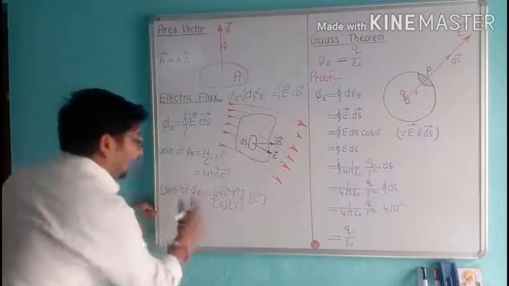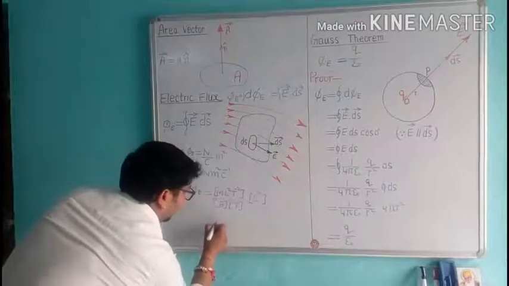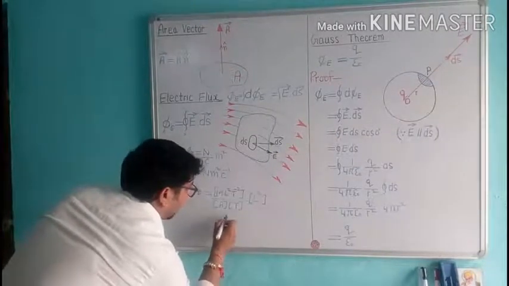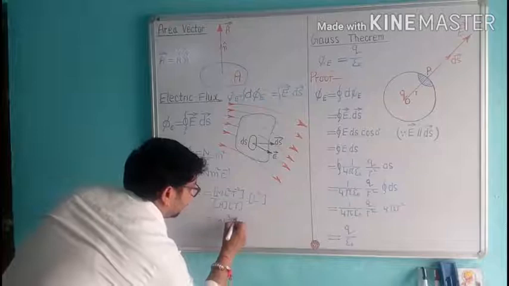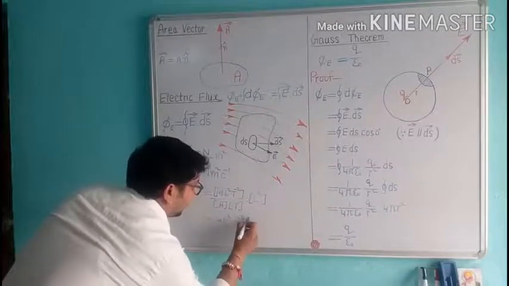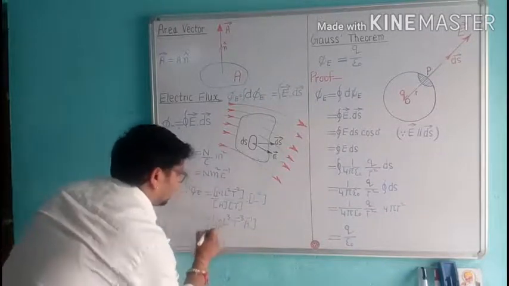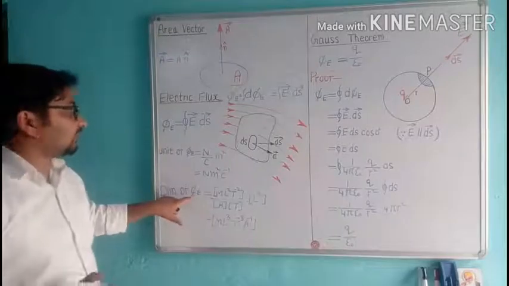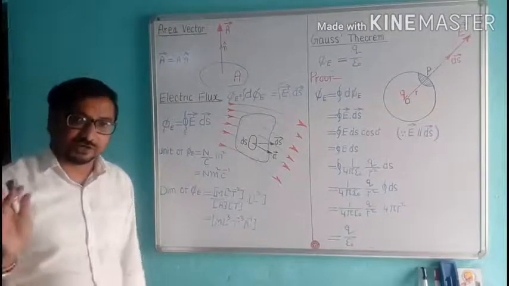So the dimension of phi e will be M L cube T to the power minus 3 A to the power minus 1. This is the dimension of electric flux. It is a scalar quantity.